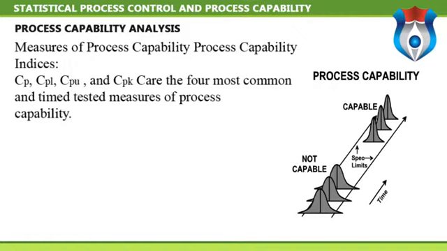Measures of process capability. Capability indices CP, CPL, CPU and CPK are the 4 most common and time-tested measures of process capability. Process capability indices measure the degree to which a process outputs product that meets the customer's specification.